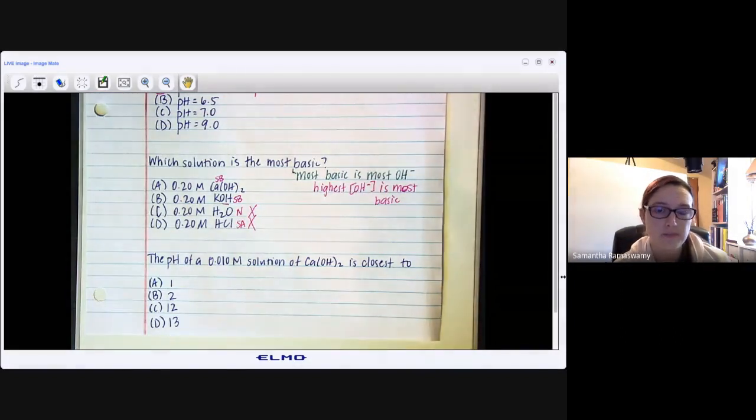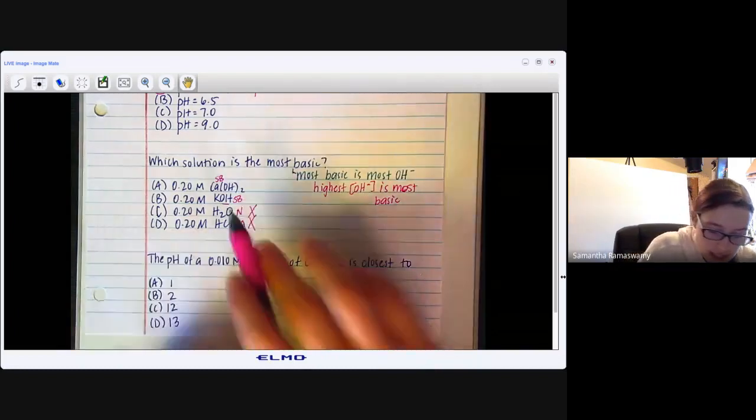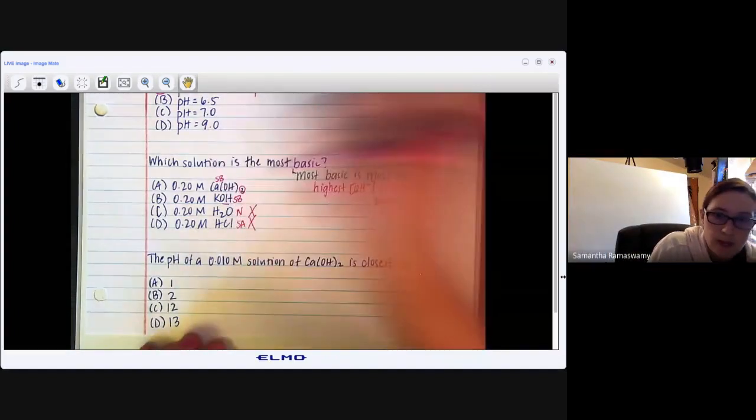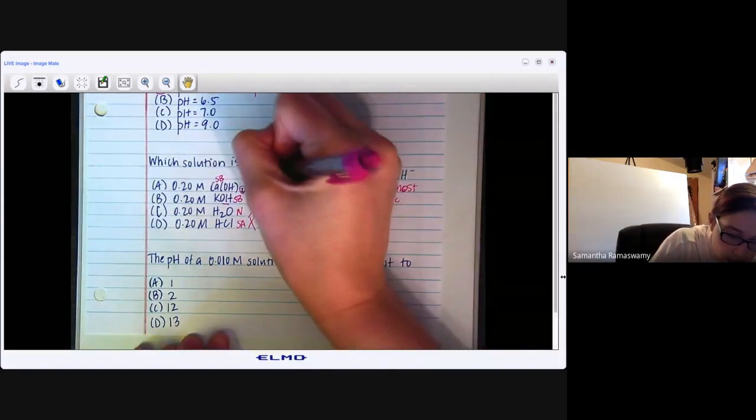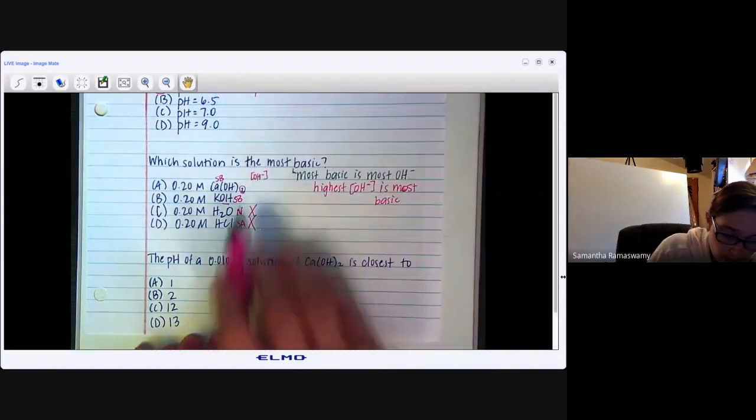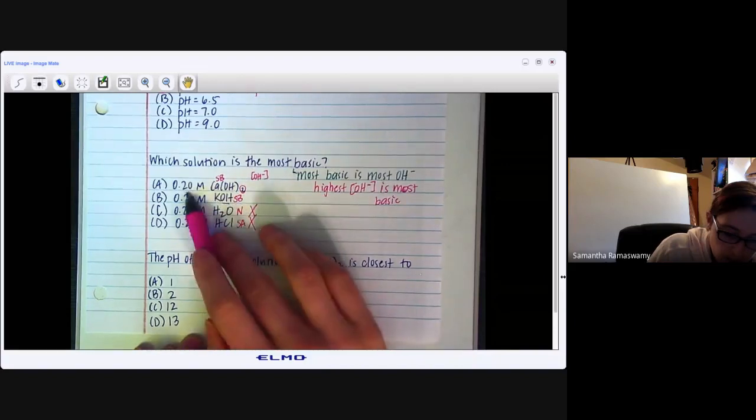You think back to the do now that we did last week, where we had two strong bases. Well, notice how calcium hydroxide has twice as many OH-. So if we think about the OH- concentration for the two of these, calcium hydroxide is 0.2 molar.